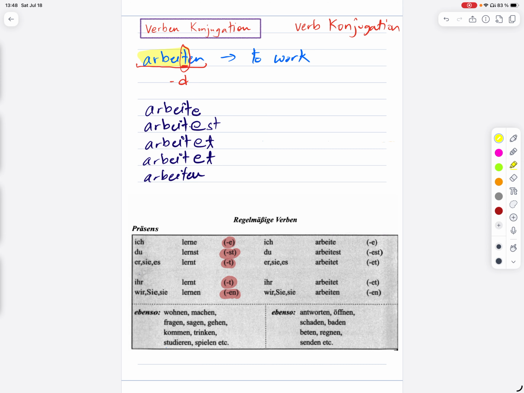So now you see that the original rule says you should add ich arbeite, du arbeitest, er, sie, es arbeitet, ihr arbeitet, and wir, sie arbeiten. But for these three cases in between, for du, er, sie, es, and ihr, it's difficult to do the pronunciation, so we add an extra e.